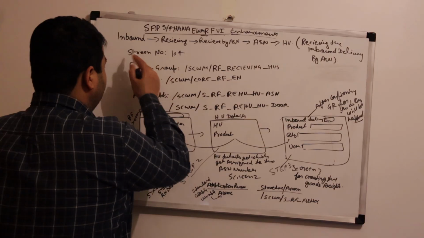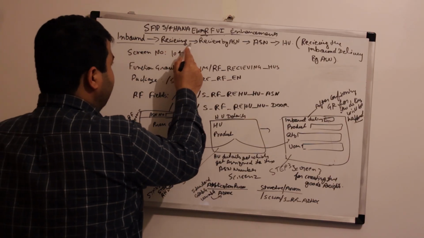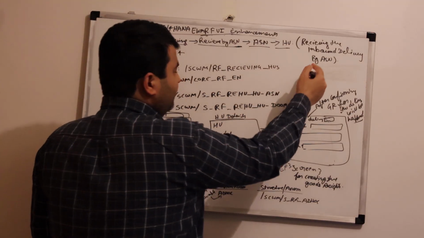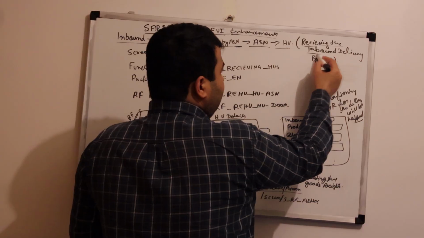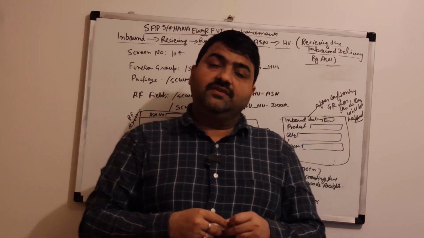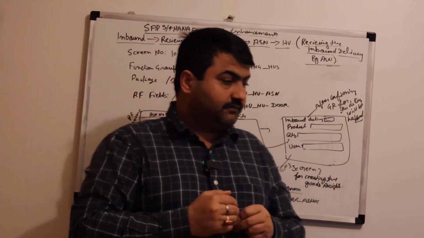In this topic we are going to see inbound delivery, receiving the handling unit, receiving by ASN, HU. So we are receiving the inbound delivery by ASN, and also receiving the handling units, inside which we have the product.